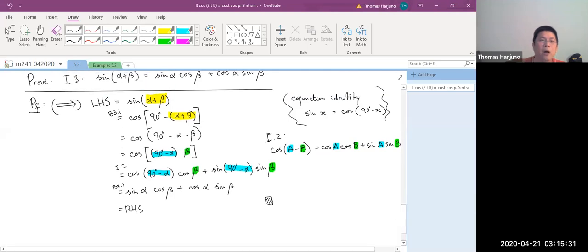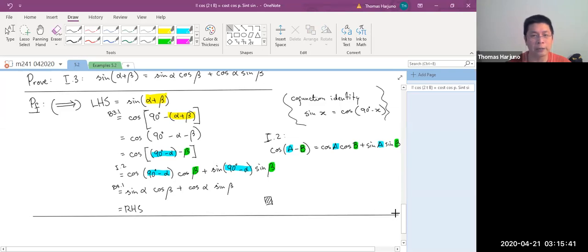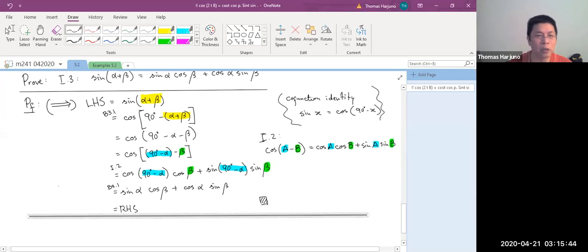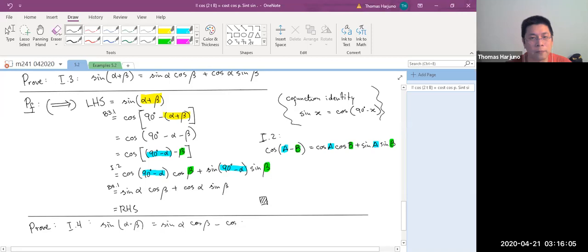Now I want you to try proving 1, 4. I give you the idea. We did it before. I want you to do it again. What is 1, 4? Let me write it down. Proof 1, 4. That's sine alpha minus beta equals sine alpha cosine beta minus cosine alpha sine beta.